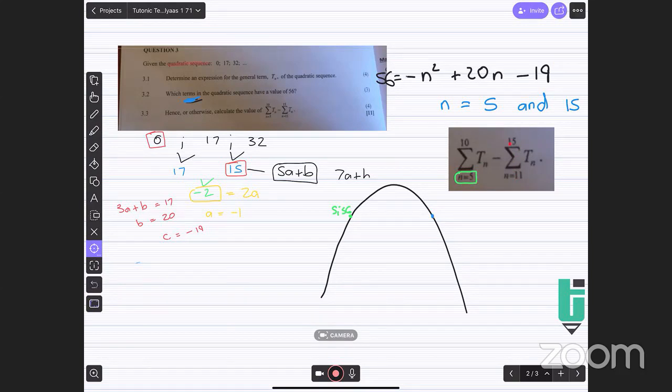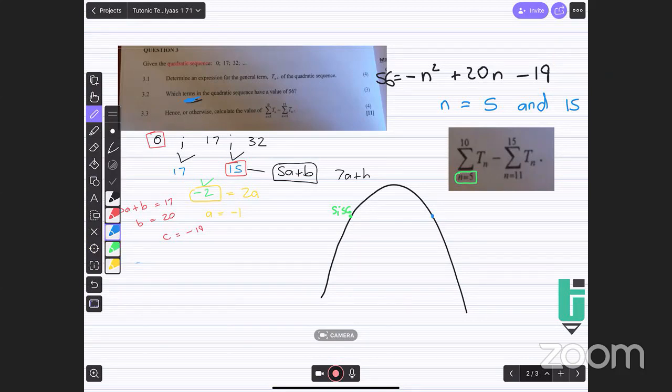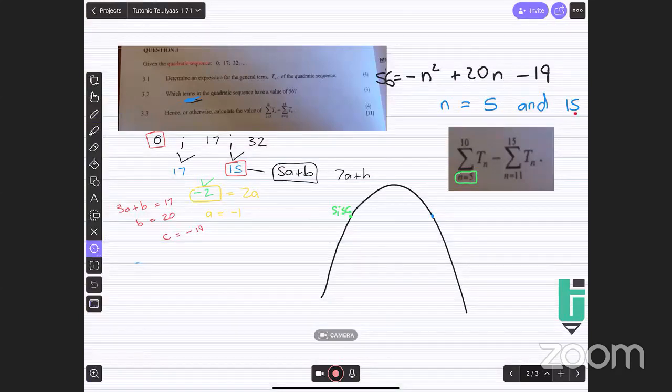But what is the y value when n is 15? We substitute for x, the n, and then we work out y. But you worked it out already. 56. What's the y value? 56, isn't it?